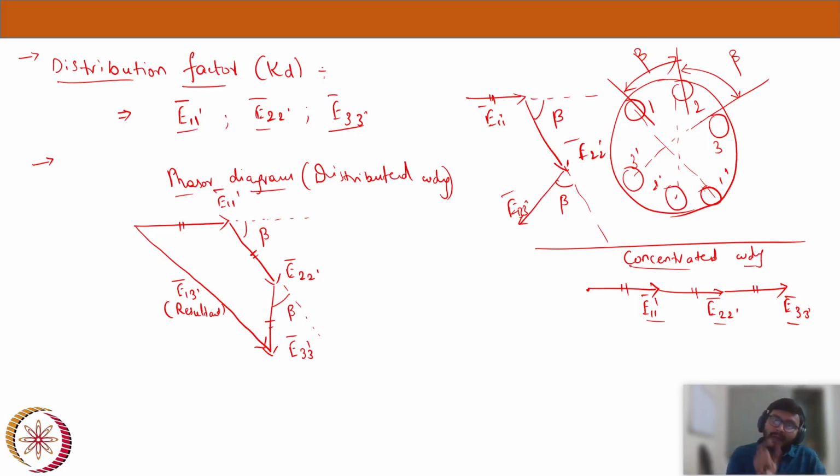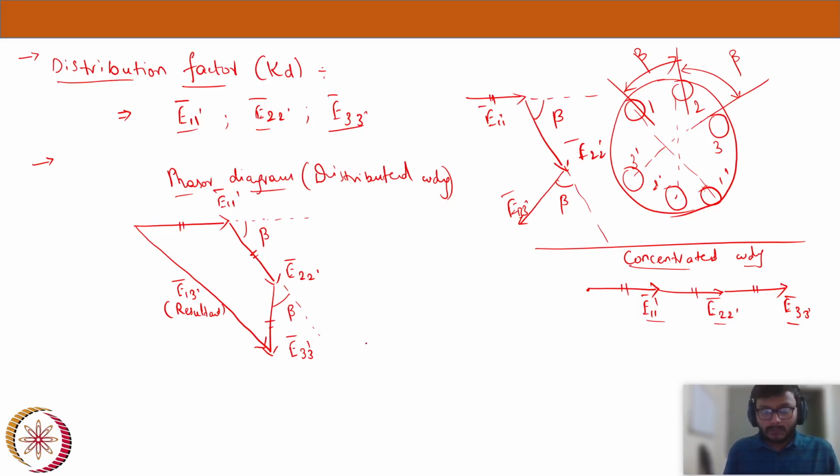That particular factor is called the distribution factor KD. I think now you got the point. Why are we talking about this distribution factor? Because whenever we connect the winding in a distributed way, our voltage will be reduced by a factor. That factor comes when you take the ratio between these two, and it is called the distribution factor.